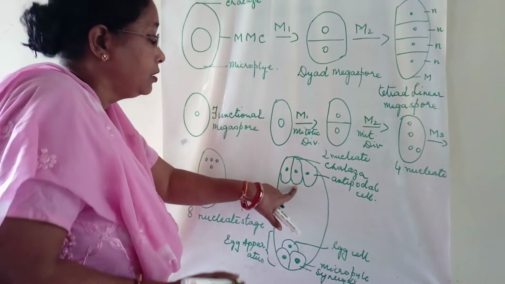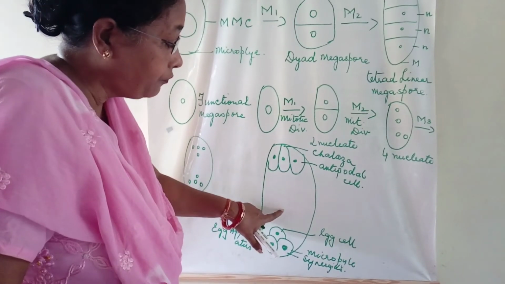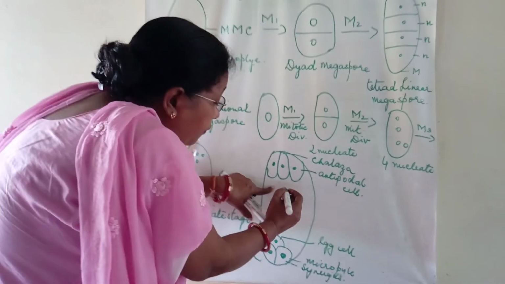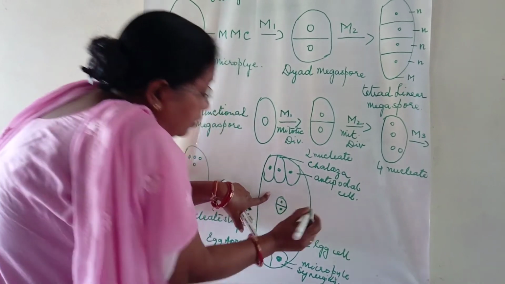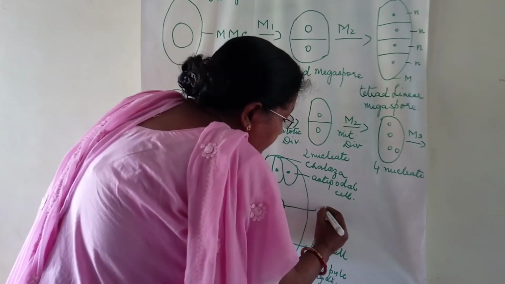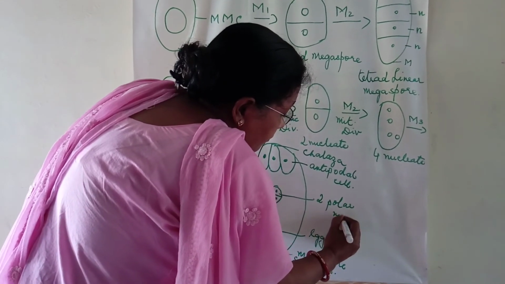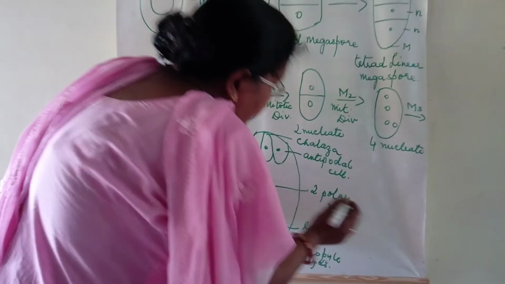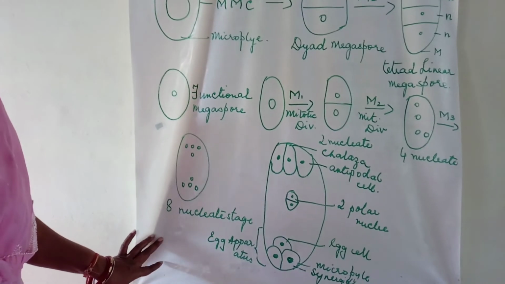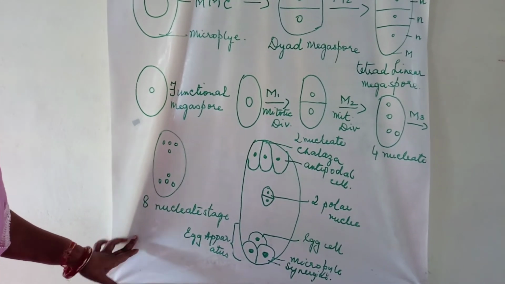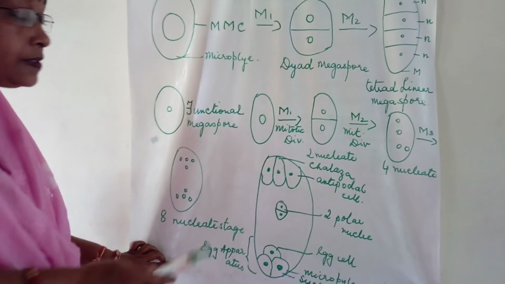Now one nucleus from the chalazal end and one nucleus from the micropylar end will form two polar nuclei, which form the large central cell. So a mature angiospermic gametophyte consists of 8 nuclei and 7 cells.